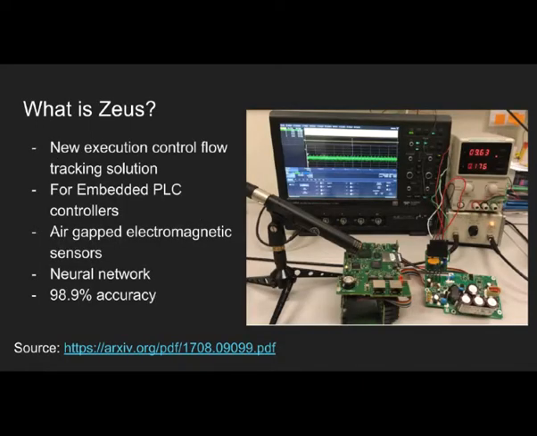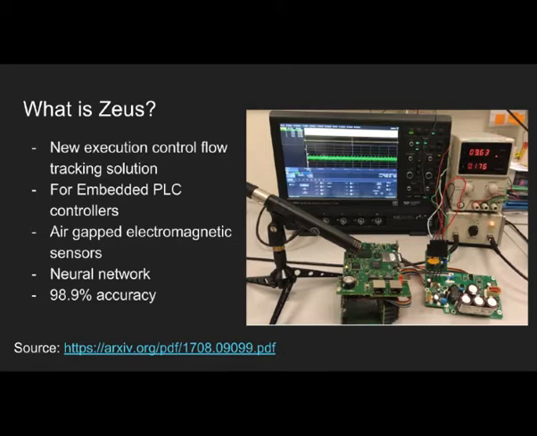The paper's main focus is on something that they call Zeus. Zeus is essentially a control flow tracking solution. It measures the control flow of the PLC itself, which I'll define a little bit later. The unique feature of this monitoring system is that it has no physical connection with the PLC device itself.